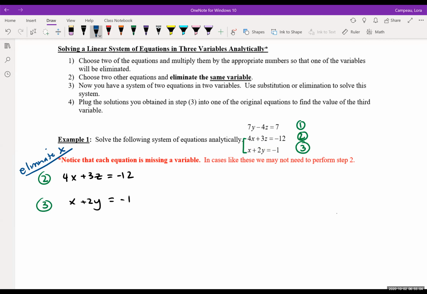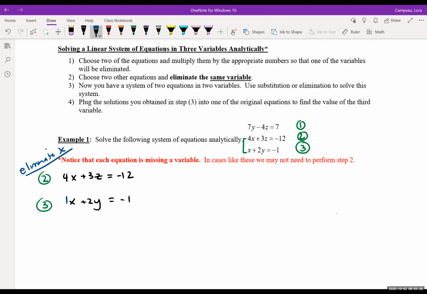If I'm eliminating x, I need to figure out a number that both of the coefficients go into. Right now I have a coefficient of 1 in equation 3. If I'm trying to find a number that 1 and 4 both go into, the nicest number would be 4.